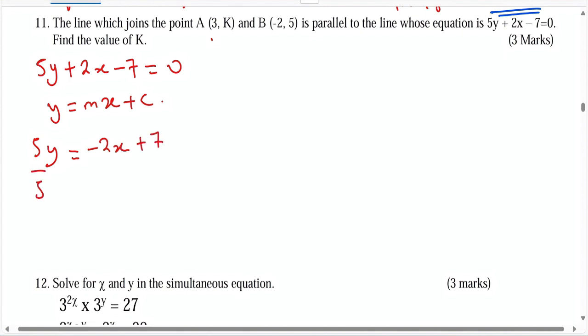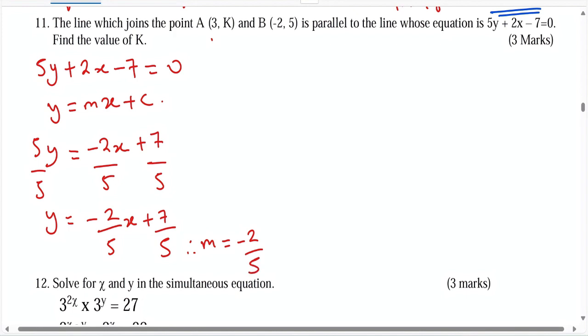Then divide by 5. So y is equivalent to negative 2 over 5 x plus 7 over 5. So basically our gradient ndio hiyo negative 2 over 5. Na katika parallel line tumeambiwa m1 equal to m2. So this is something that you should know, as a student.